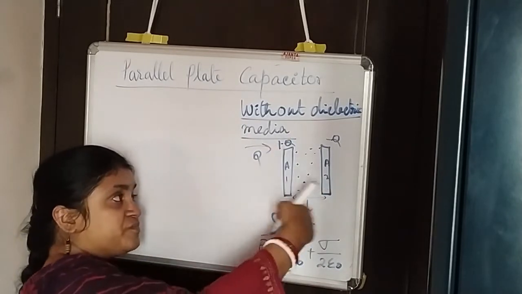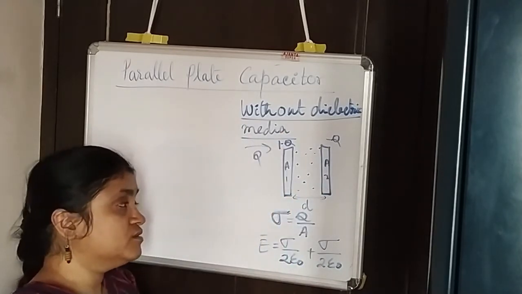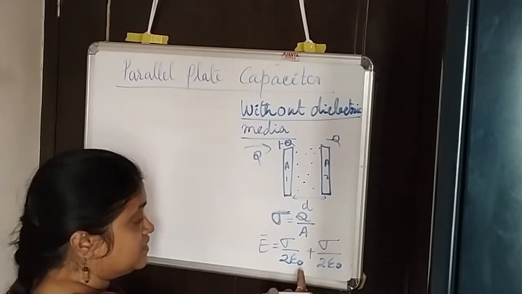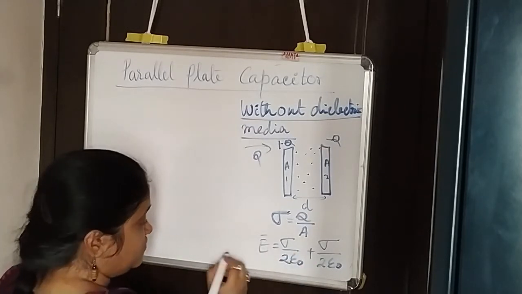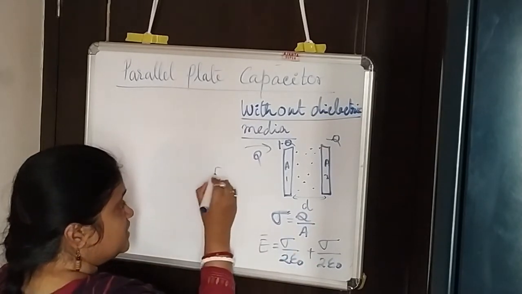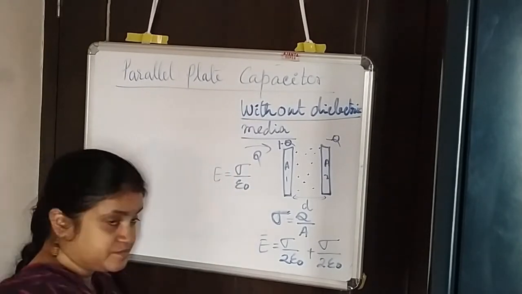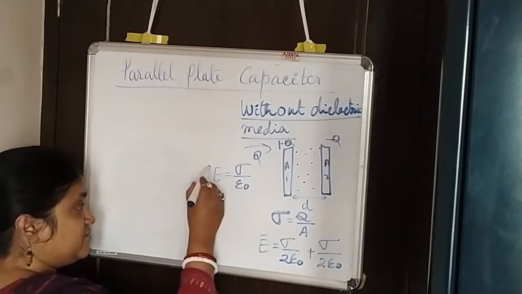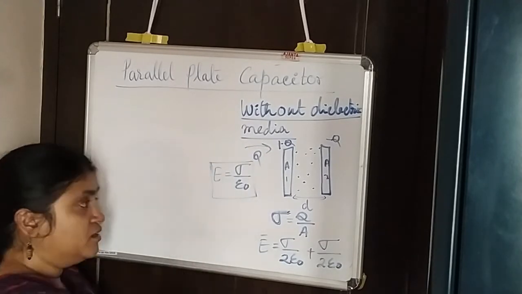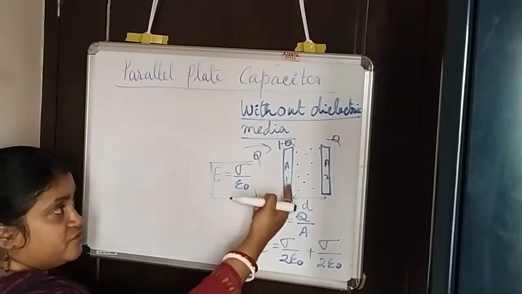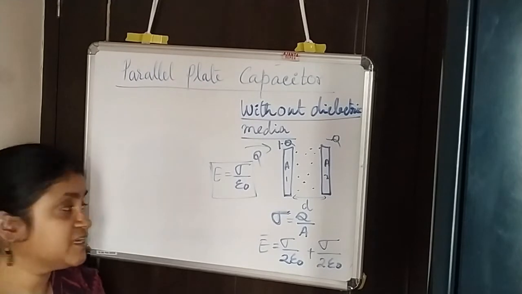Therefore, for these two plates, the total electric field becomes E equal to sigma by epsilon naught. This is the electric field we find for this parallel plate capacitor.